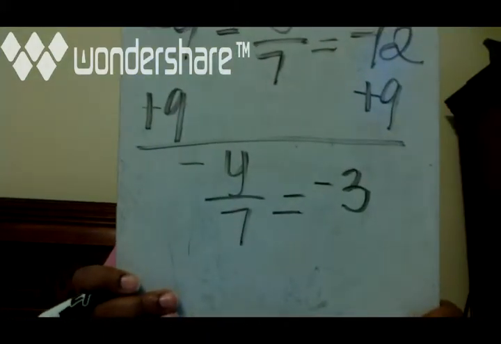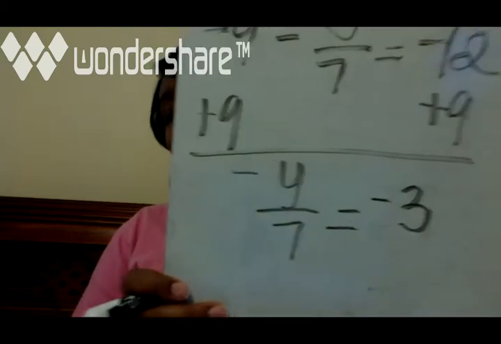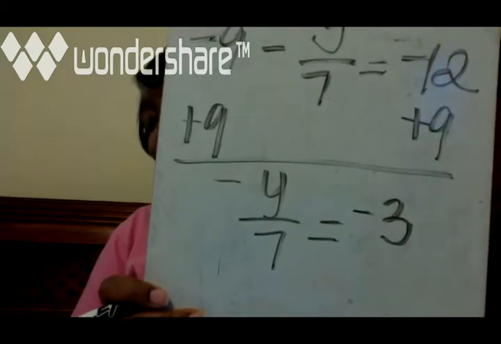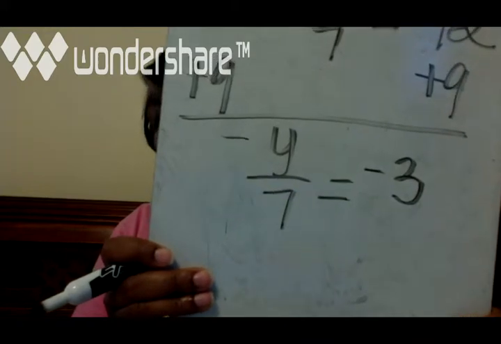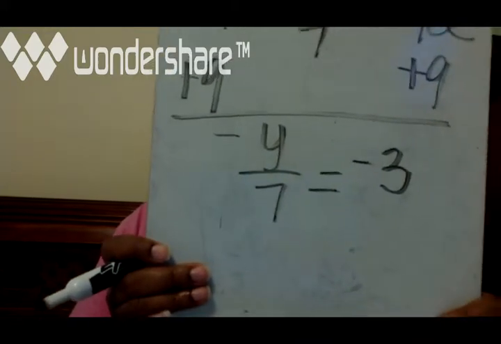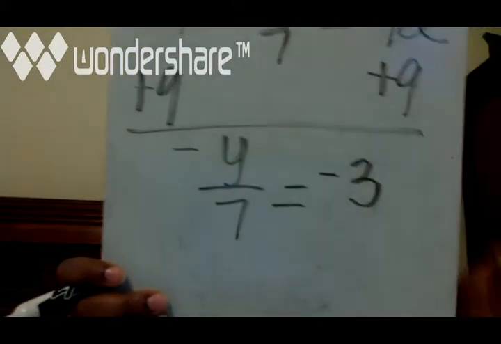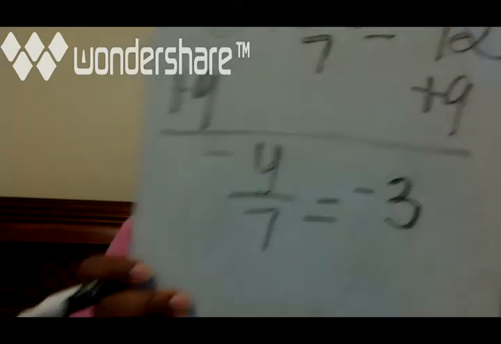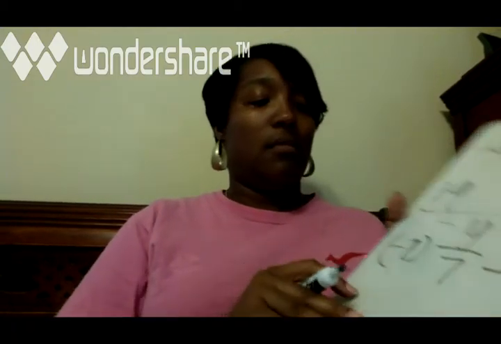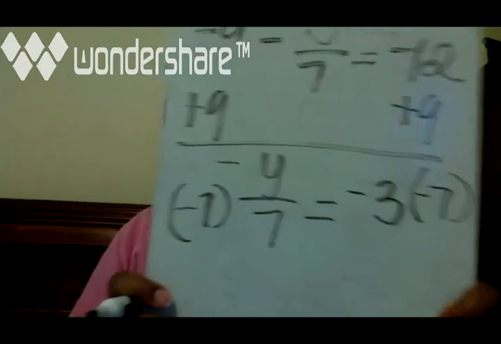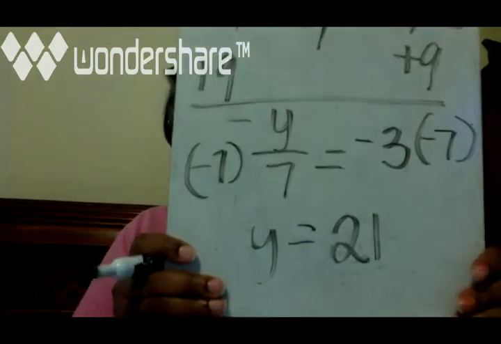So I'm left with negative y divided by 7 equals negative 3. The best way to handle this, guys, is to multiply both sides by a negative 7. This means y is equal to a positive 21.